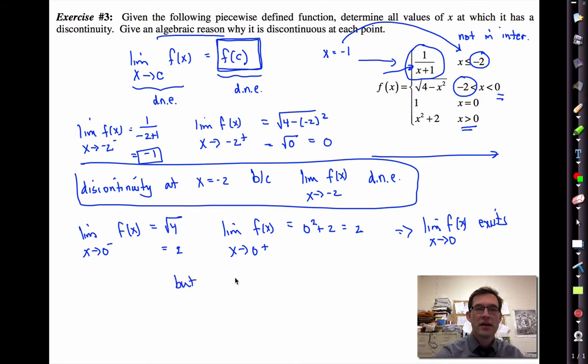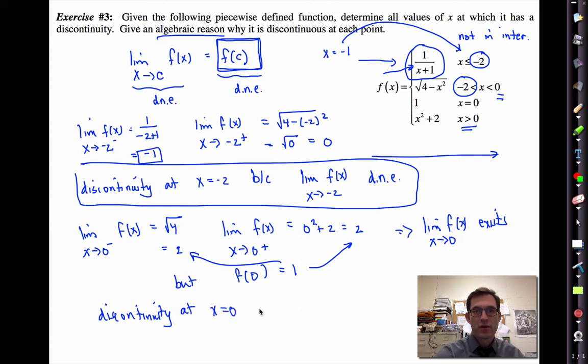But f of 0 is equal to 1, right? So we have a discontinuity at x equals 0 because the limit of f of x as x goes to 0 doesn't equal f of 0.